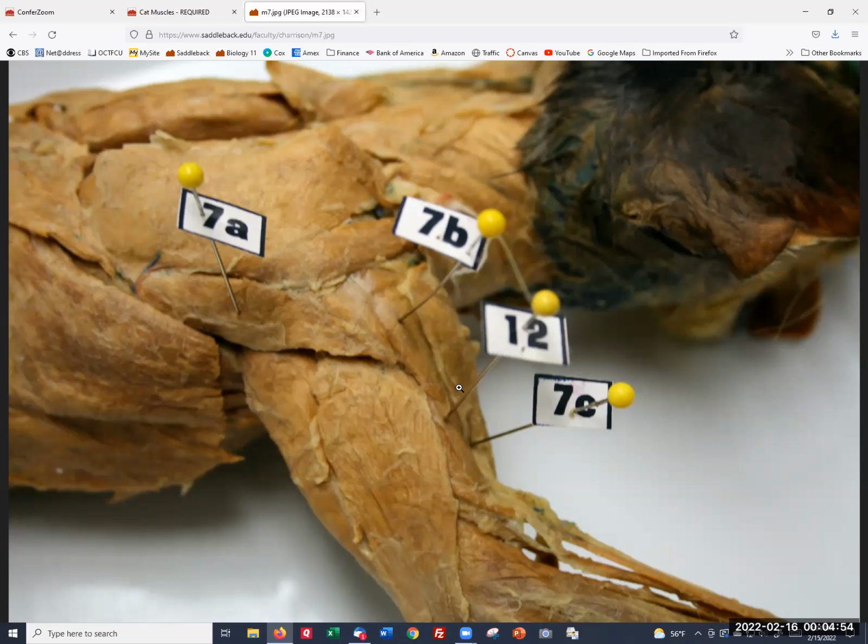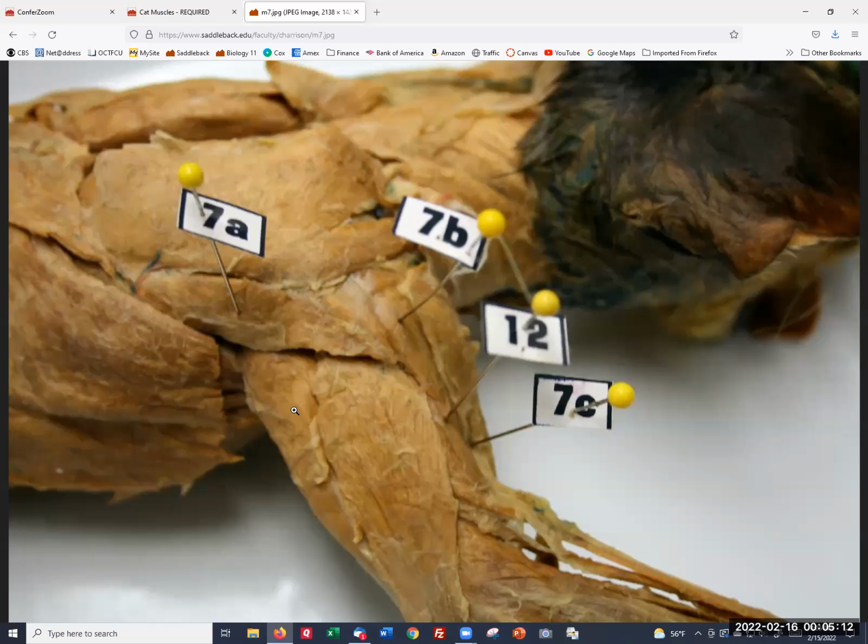Clavotrapezius runs here. Somewhere it switches from here down to clavodeltoid. If I ever pin them, I make sure to pin them high or low, so you don't have any trouble with that. Number 12 is the brachialis.